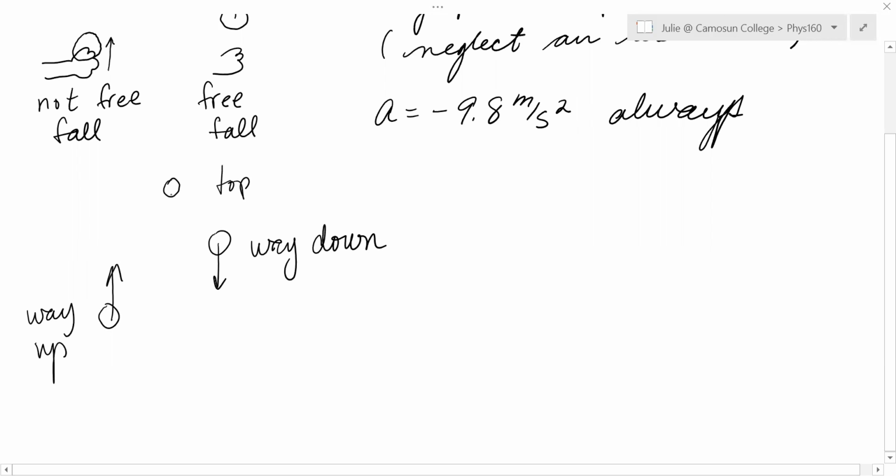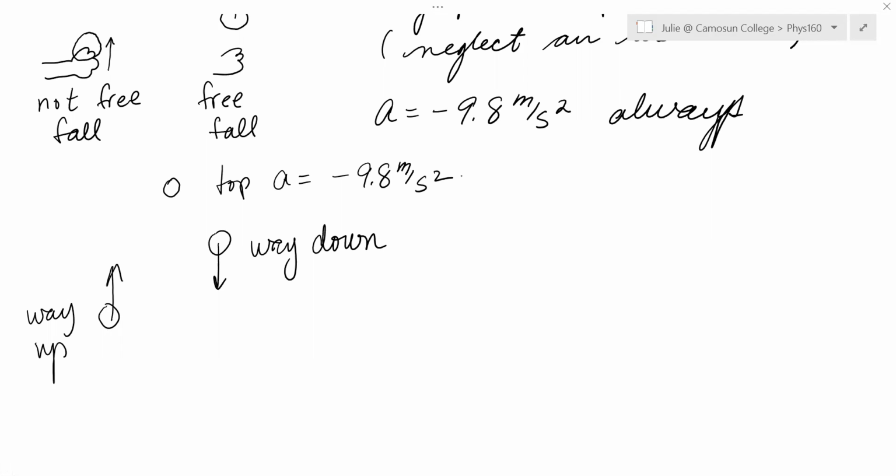Now, you may think that because it's at the top and it stops just for a fraction of a second before it turns around, that it has no acceleration, but it definitely does have acceleration up here because the force of gravity is still pulling on it. If it didn't have any acceleration up here, then it would just stay there forever. It would just stop and not do anything. So clearly it has acceleration. That's why it turns around and comes back down.